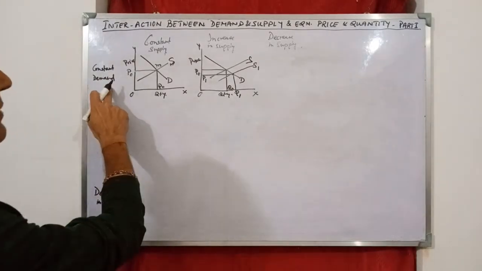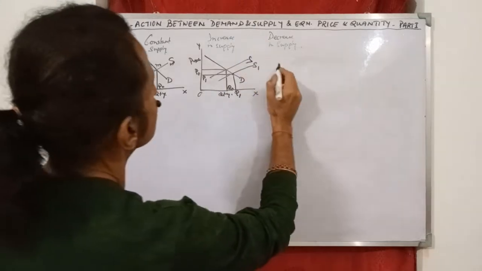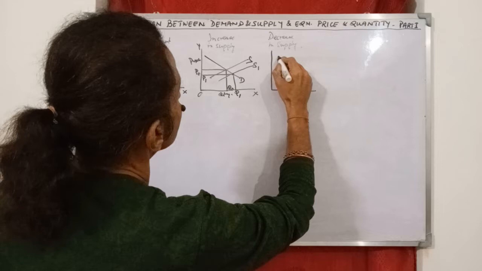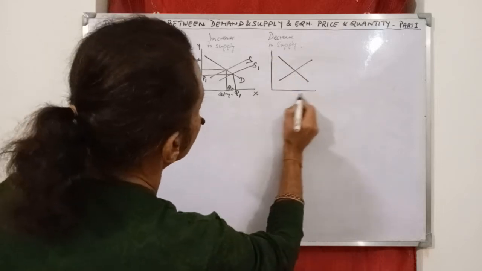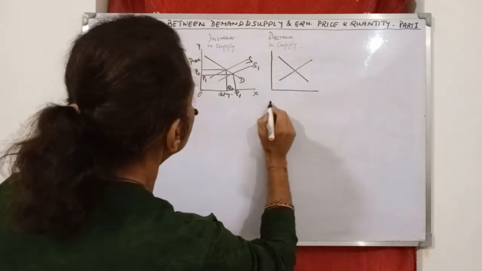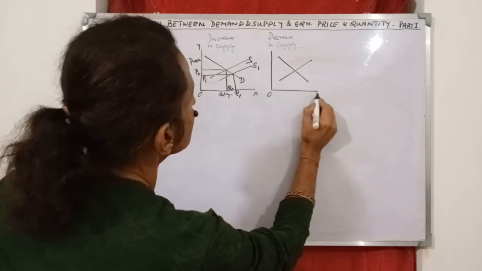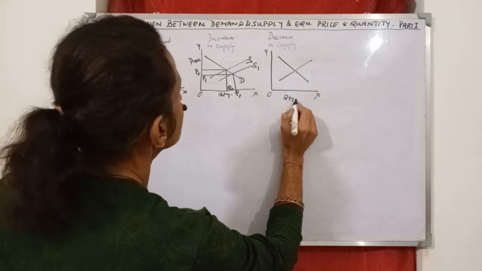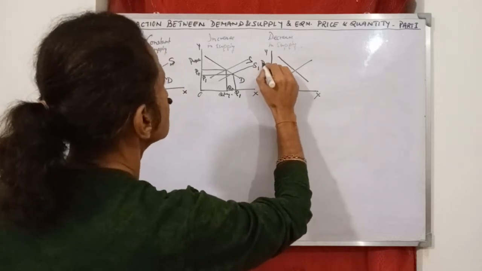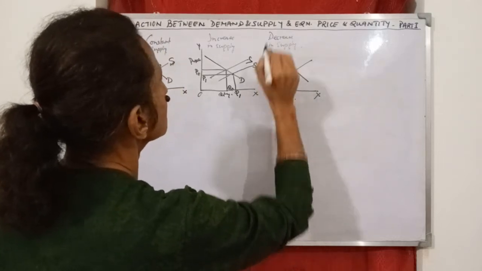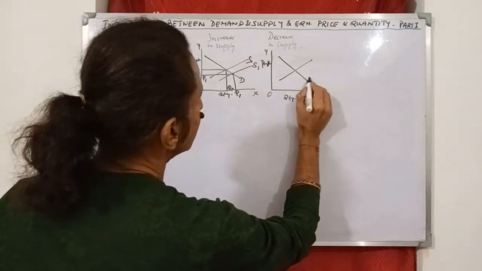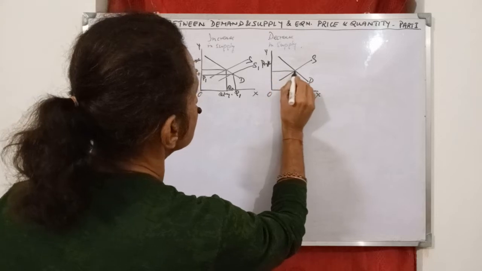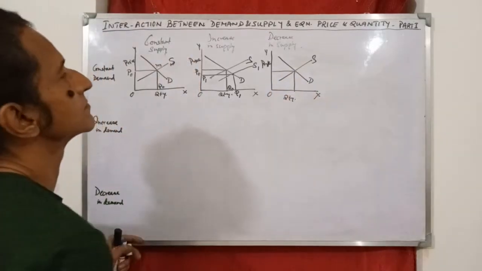Now constant demand and decrease in supply. Again, start from the assumption that equilibrium exists in the market. On X axis we measure quantity and on Y axis we measure price. Let the demand curve be D and supply curve be S, and they intersect at this point.